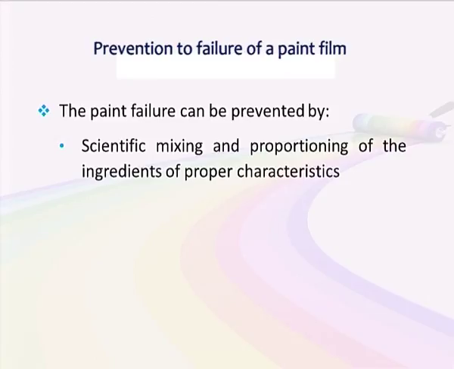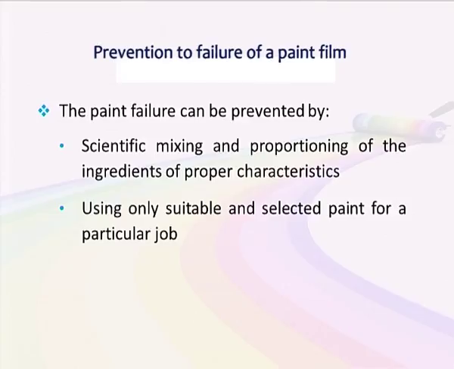Failure of a paint can be prevented by scientific mixing and proportioning of the ingredients of proper characteristic. So, you can see the proportion of the various constituents is very important. Using only suitable and selected paint for a particular job.